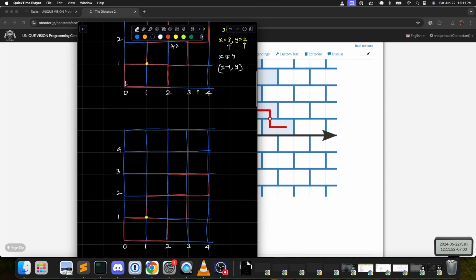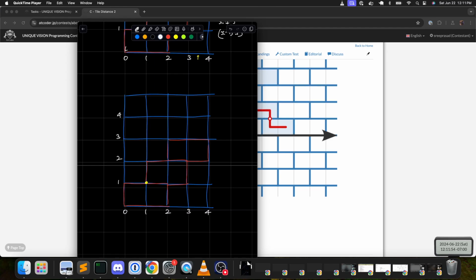But let's say you were over here. In this case, P is equal to 1.5, 1.5. So x is equal to 1, y is equal to 1. In this case, x is equal to y. So if x is equal to y, the brick will start at x, y itself.